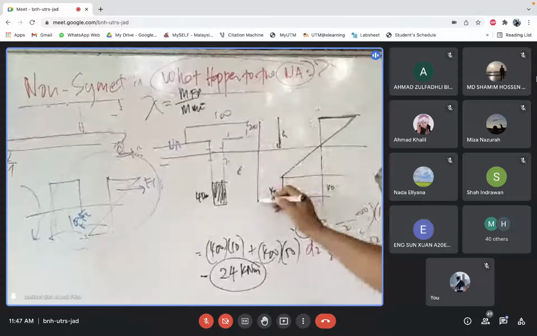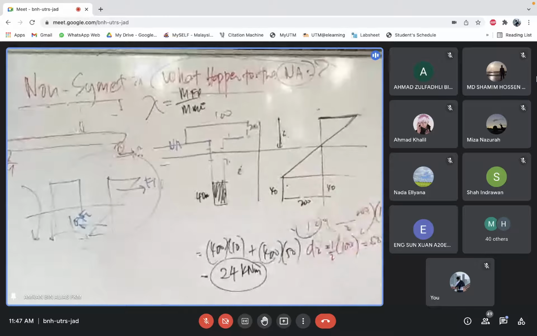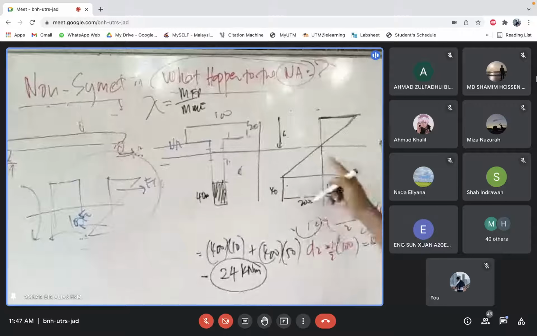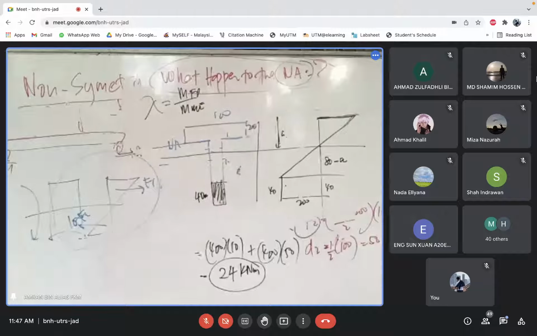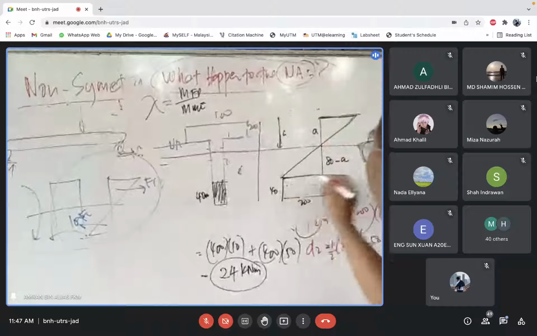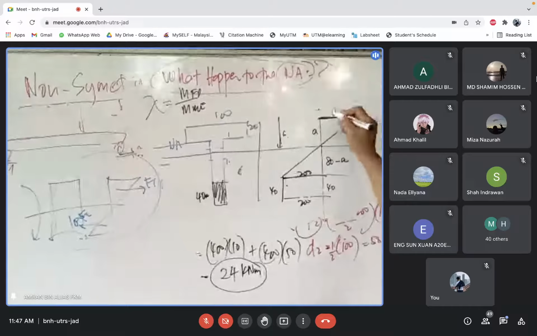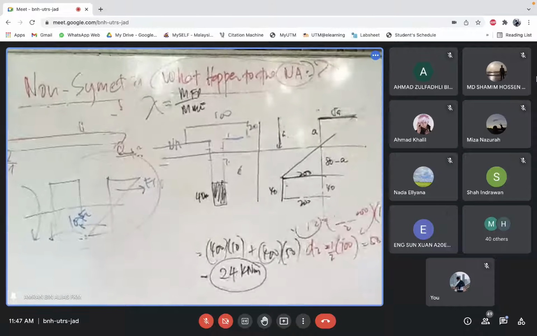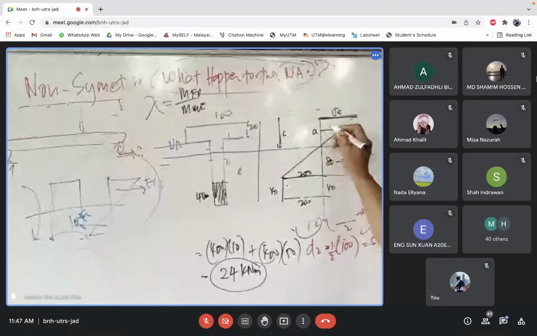This is 120, right? 120 minus A minus 40, right? So what is the value of this? 80 minus A. That is A, and this is 200. Can I find the length of sigma A here? Yes. And can I find my sigma B here?